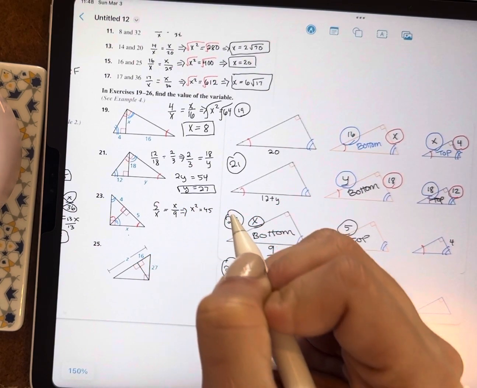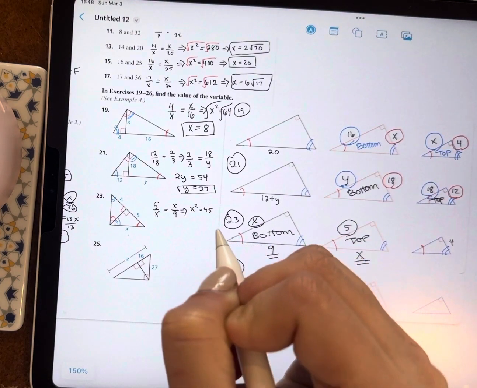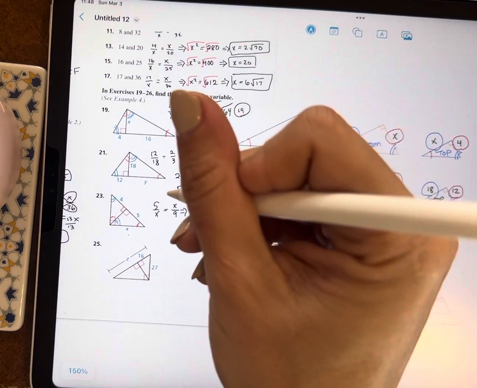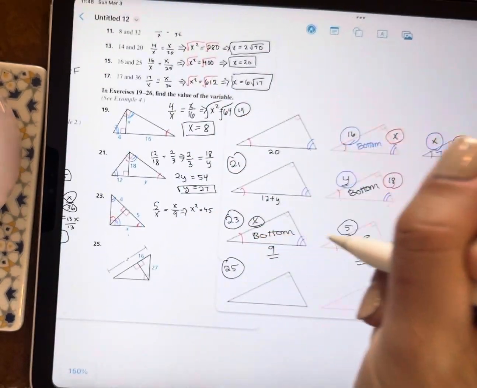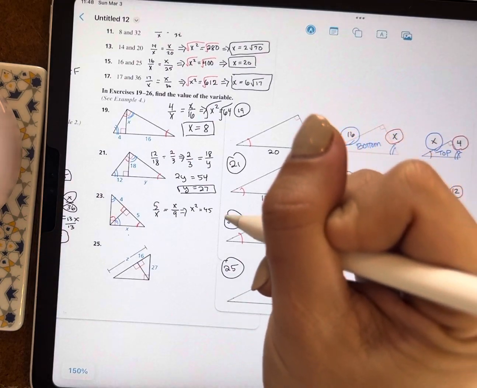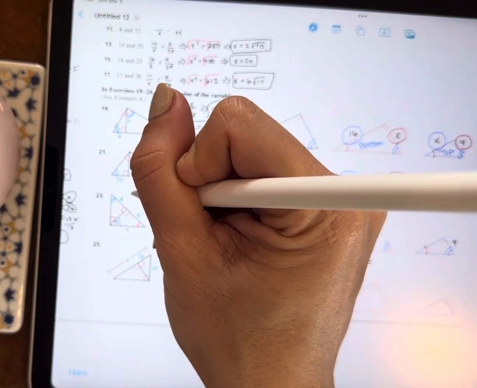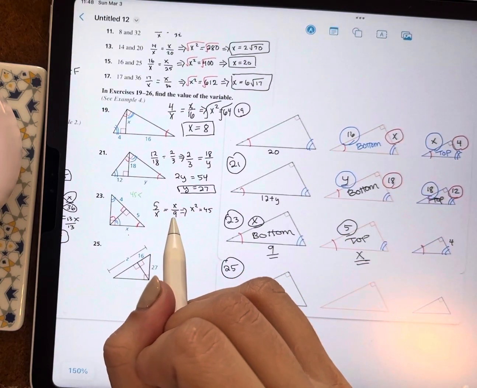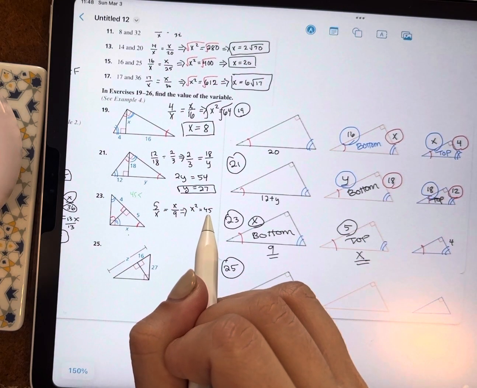X squared equals 45. And then that makes, if I do a factor tree on 45, it's not that bad, 45. If you have trouble, look back. We multiplied 5 times 9 to get 45.